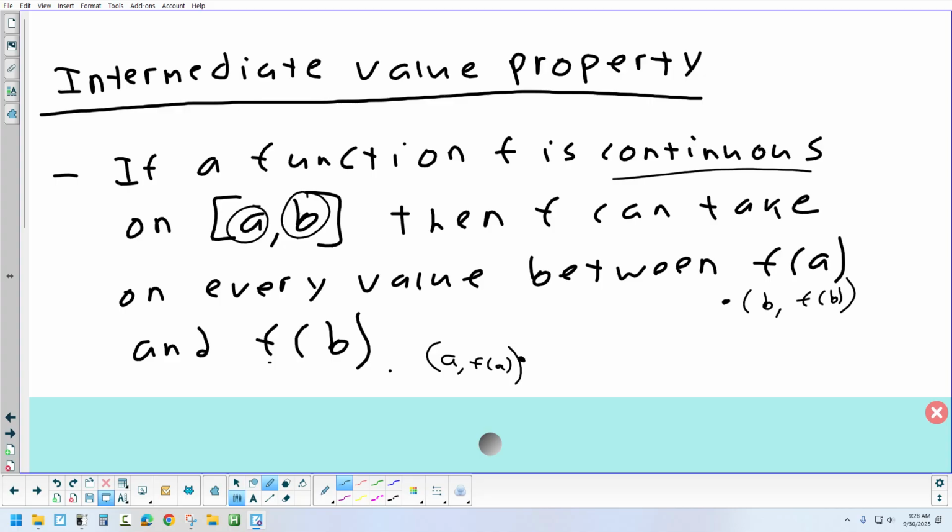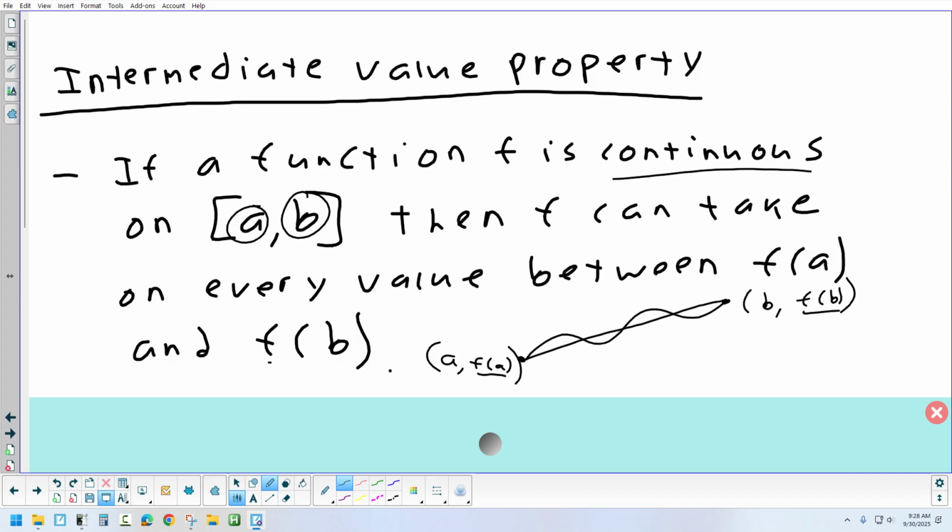If I trace from this point to that point, no matter how I do it, I'm going to go through every y value between that one and that one. Whether I trace in a straight line, I went through every single y value between the two, or I could curve around a little bit. Still going through every y value.